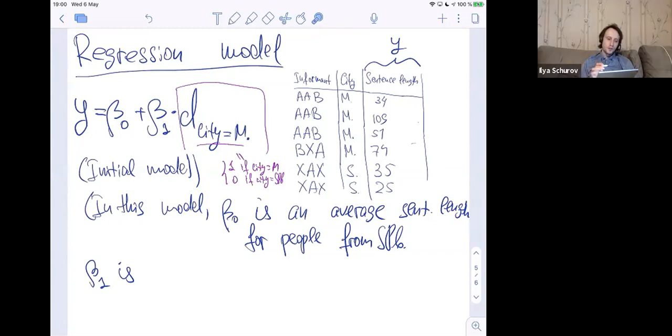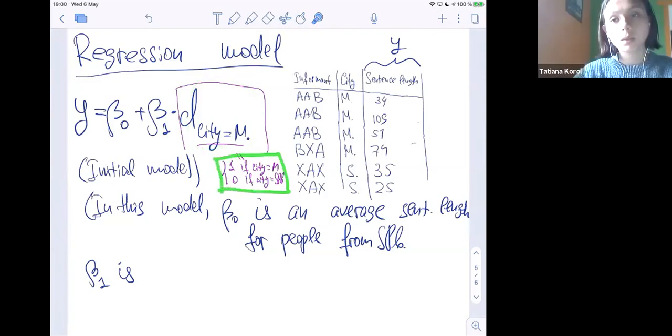Okay, let me consider a person from Moscow. What can you say about the average sentence length, about the average Y according to this model? If this person is from Moscow, what can I say about this variable? It equals 1. Yes, then what can I say about Y?